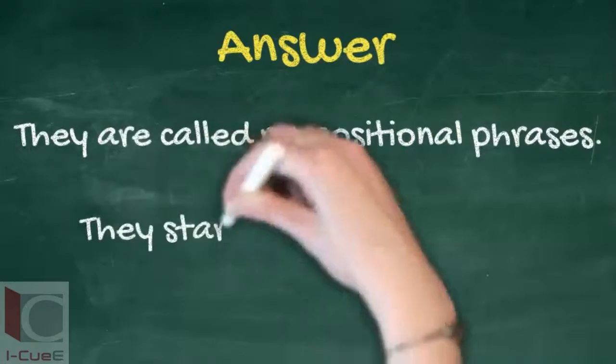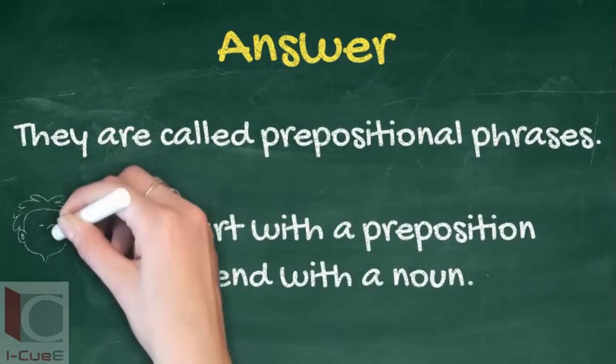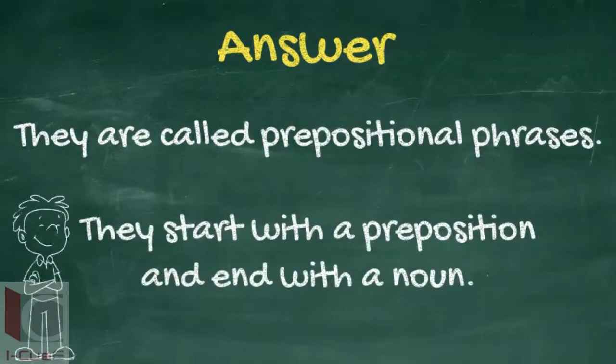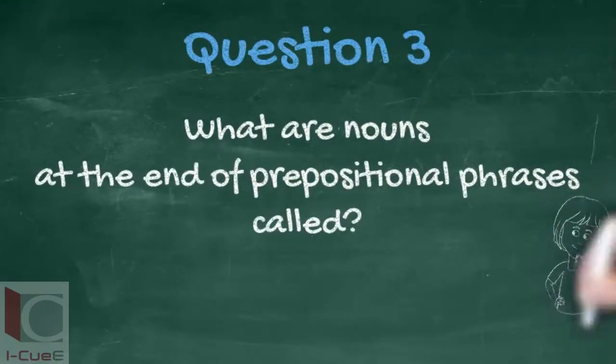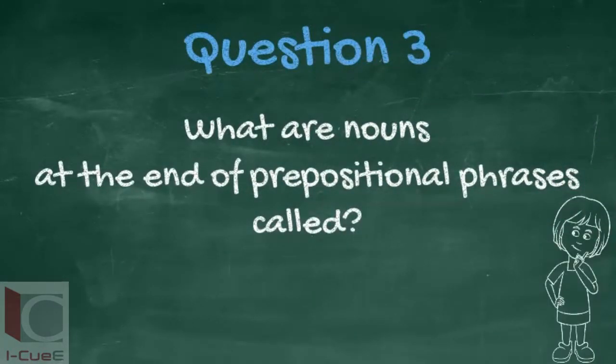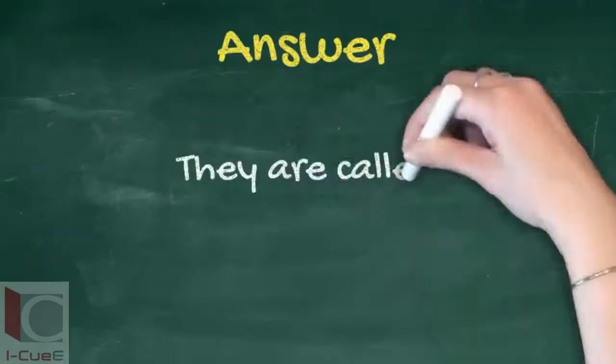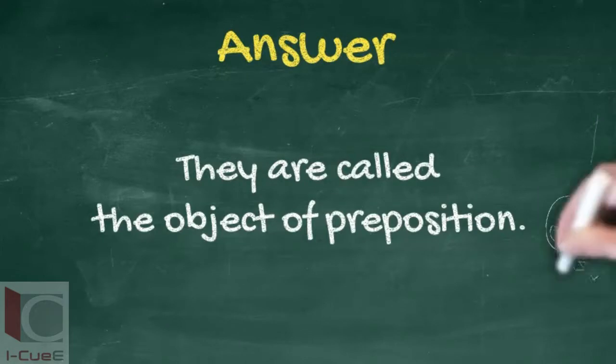They are called prepositional phrases. They start with a preposition and end with a noun. What are nouns at the end of prepositional phrases called? They are called the object of preposition.